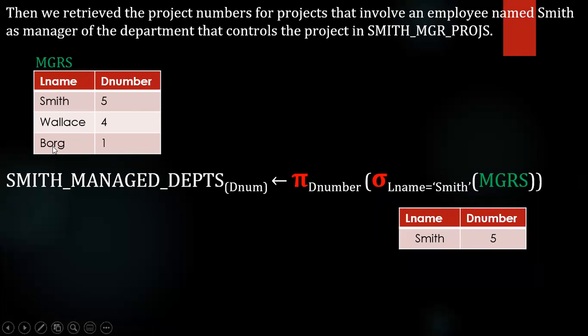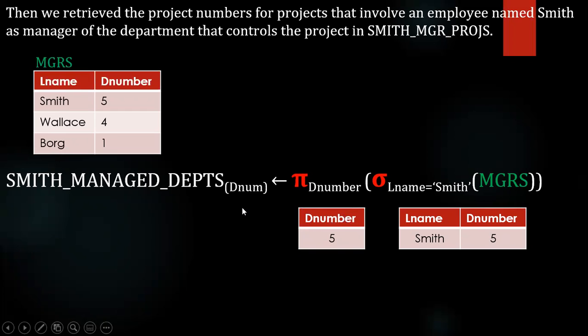So these 2 tuples are rejected here. This part of the query will select this tuple. Then I don't want both the columns. I need only department number, so I have written pi D number. It has selected only D number from this. Now I want to join this table with the works on table. In the works on or project table, in place of D number, we have the column name D num.